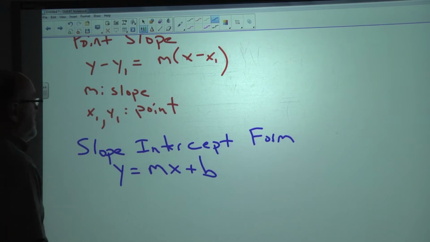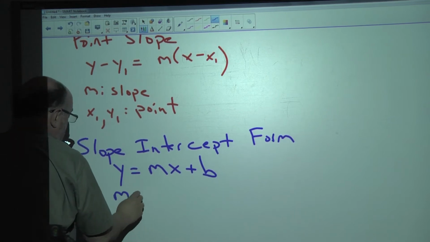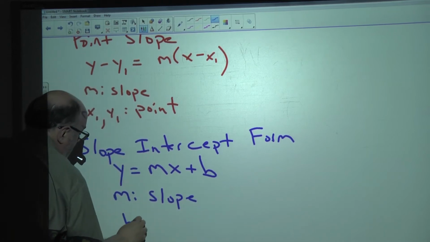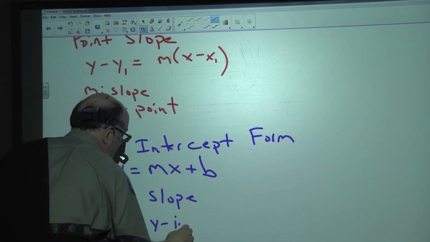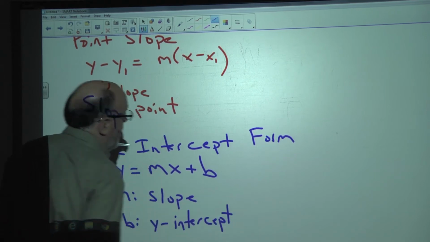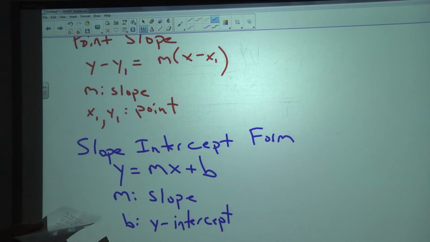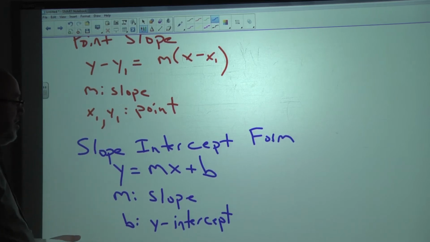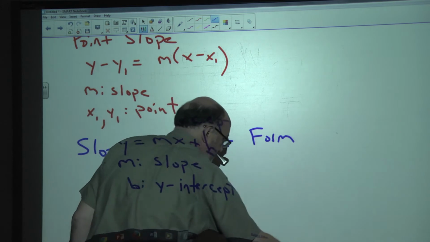When the equation is in this form, m represents the slope, and b represents the y-intercept, so where the line crosses the y-axis. Those are the three ways, and out of those we'll be looking at these two ways of writing out an equation of a line in this course.